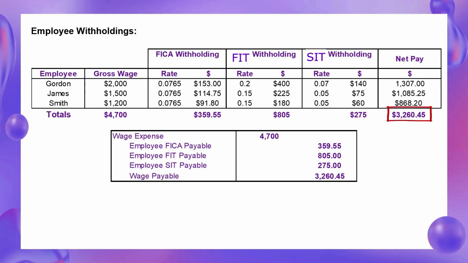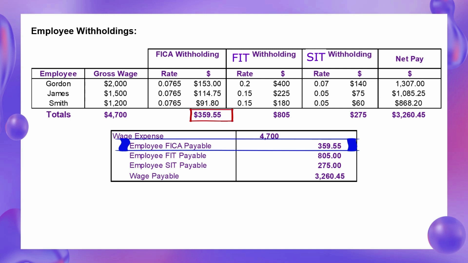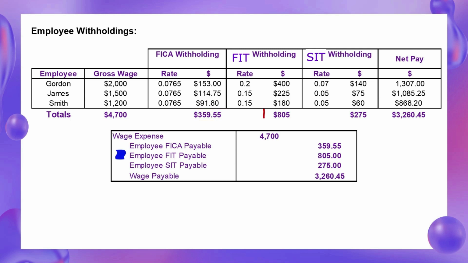The other withholdings are really the employees' funds, but we're going to pay them to the government on behalf of the employees. So we have employee FICA payable to the federal government of a total of $359.55. The employee federal income tax withholding to be paid to the federal government on behalf of the employees is $805.